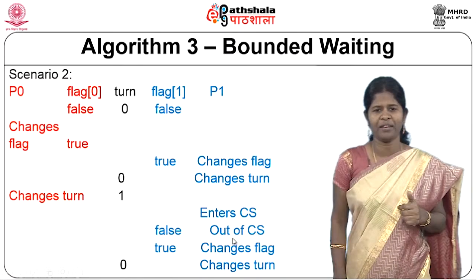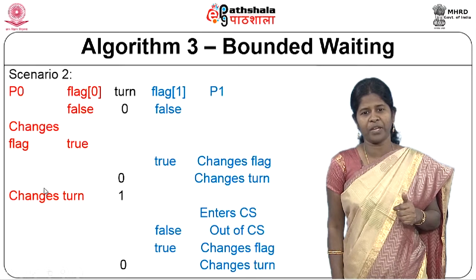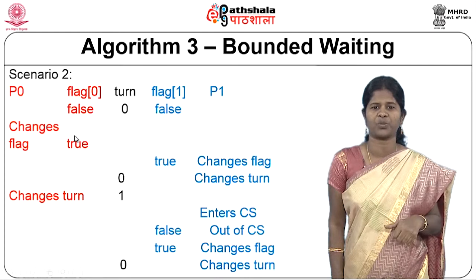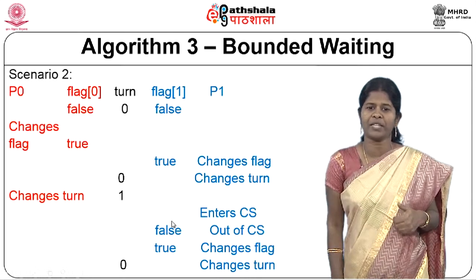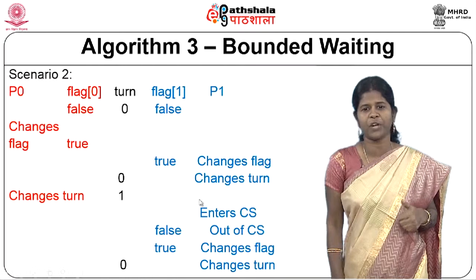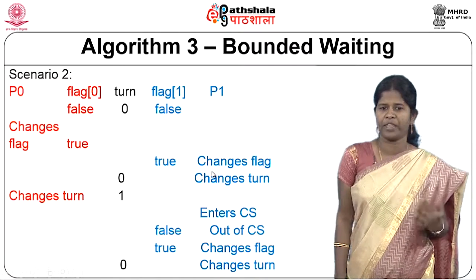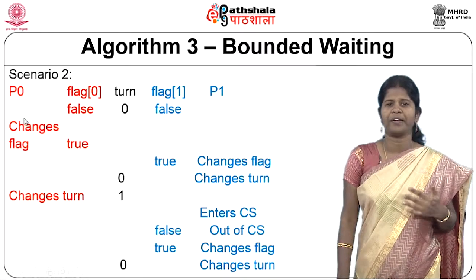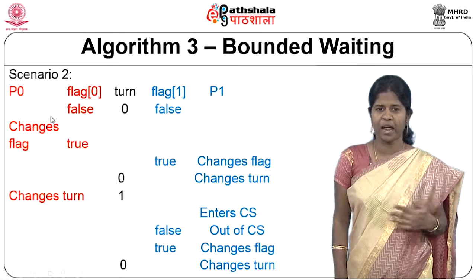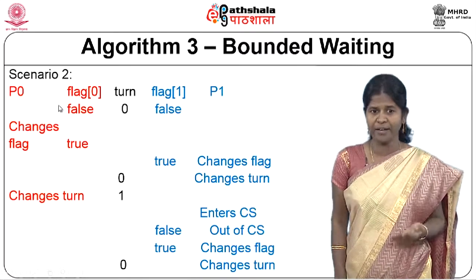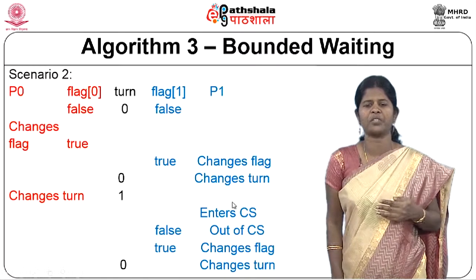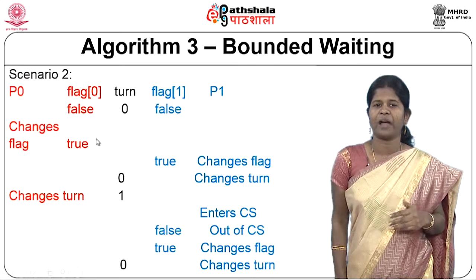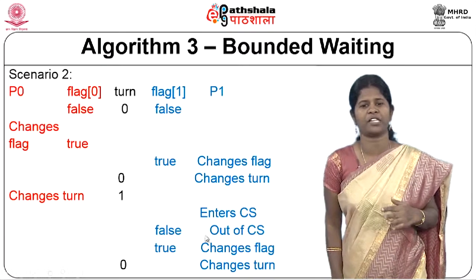So, here you find that if process P0 was not in the entry section, if it had not changed the value of flag to true, then P1, even though it changes the value of turn to 0, can enter critical section. Progress will be there. But here, because P0 had wanted to enter critical section, it had set the value of flag to true earlier, and even though P1 wants to enter critical section the second time, this is not allowed unless process P0 is allowed to enter critical section.